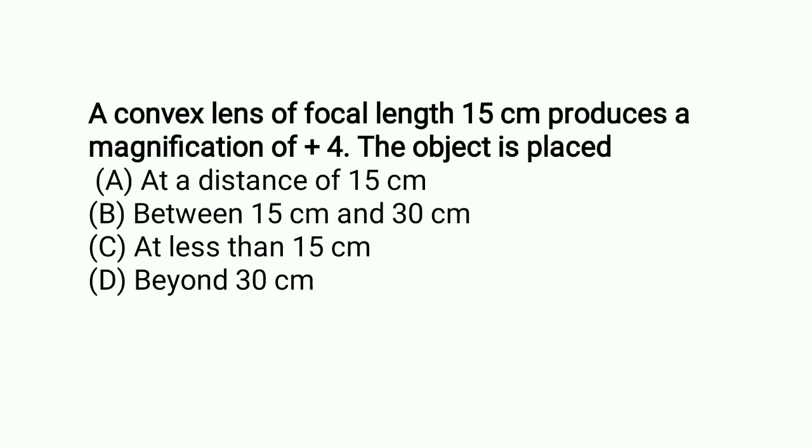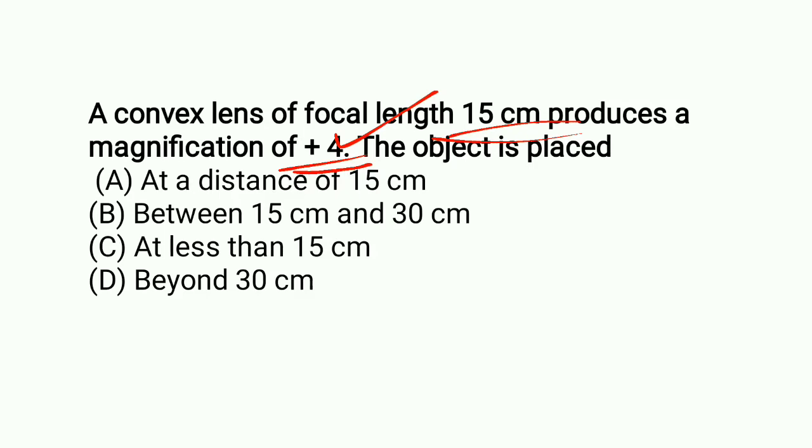Next question. A convex lens of focal length 15 centimeter produces a magnification of +4. The object is placed where? Look here. The convex lens is having the magnification +4. So +4 means the convex lens is going to produce an image which is virtual and erect. When the magnification is plus, the image is virtual and erect.